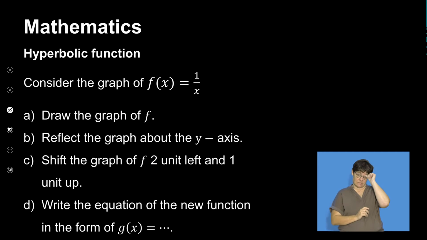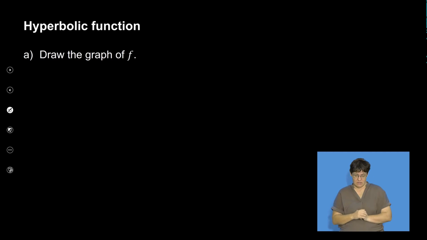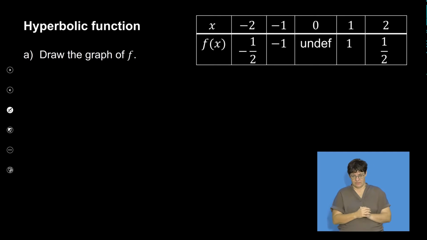Now, just to have a specific example of what this is all about, let's consider the graph f of x is equal to 1 over x. First thing I want us to do is to draw the graph. To draw the graph, remember the easier way of doing this is just to figure out the table of values, where you have your input values and your output values.